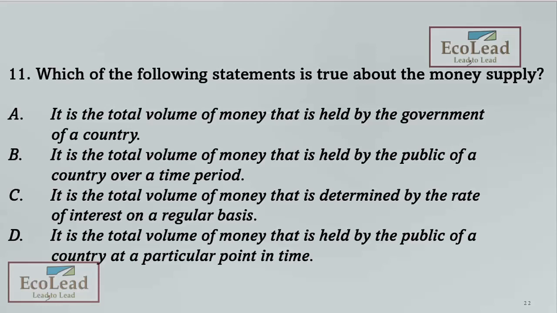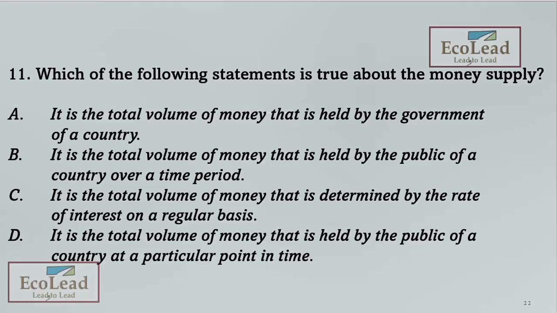Over a time period means from time to time. So definitely money supply is a concept of a constant stock, right? It's not a flow. So option B is not correct, because it is telling about the total amount of money from time to time or over time. So option B is incorrect.